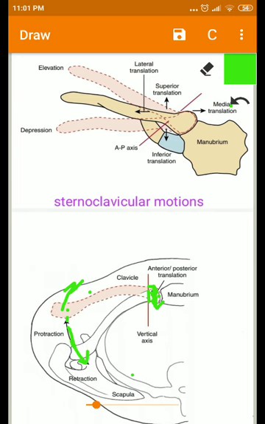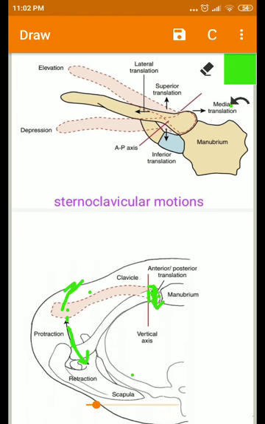Also a greater retraction, up to 30 degrees, is available in the sternoclavicular motions of protraction and retraction.